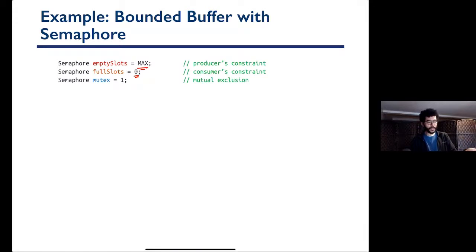For that, don't mistake this name with the class mutex. This is a semaphore, but because we are going to use it for mutual exclusion, I called it mutex. Going back to the previous slide, I mentioned that if you initialize your semaphore to 1, you can use it for mutual exclusion.